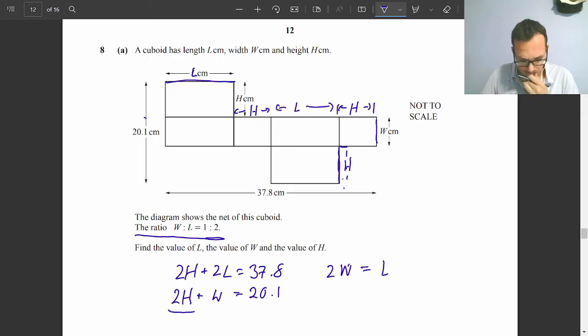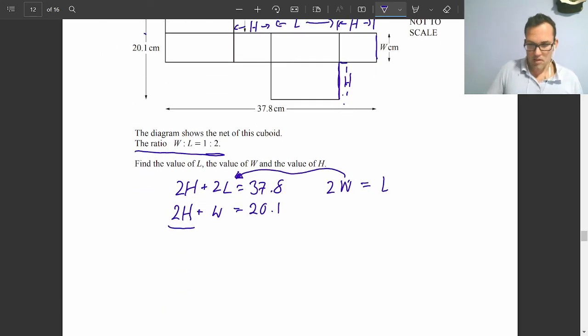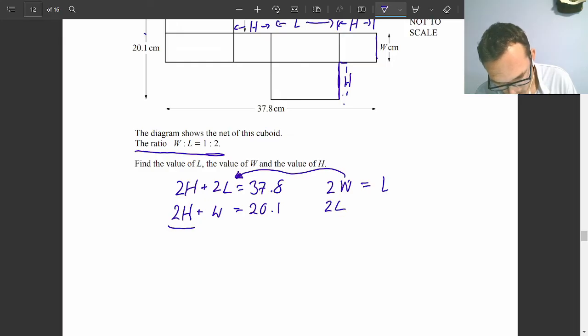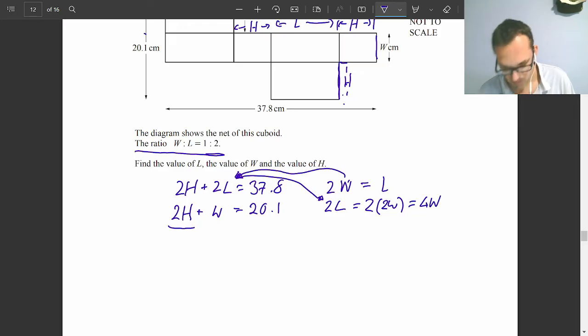So that means what we can do now, we can change this L in the first equation. We can swap that for 2W. Okay, let's write this in. So that 2L there will equal, and we substitute the L for 2W, so 2L is 4W.